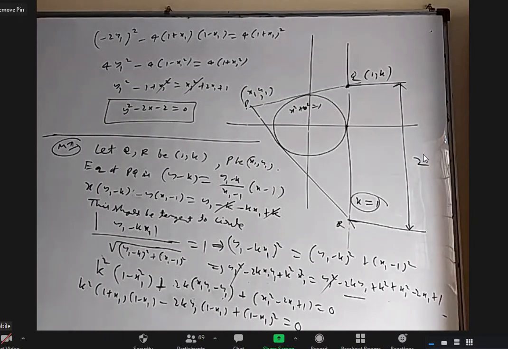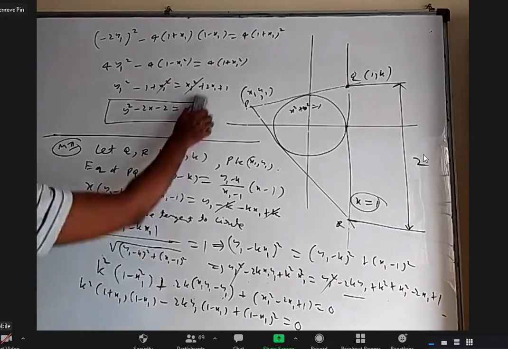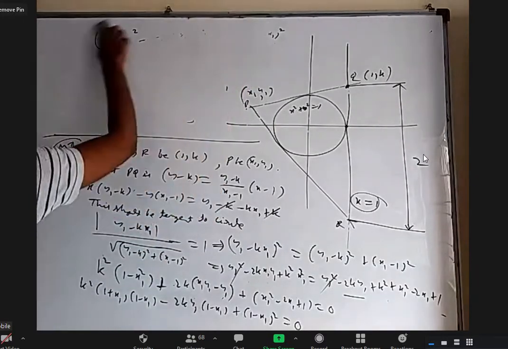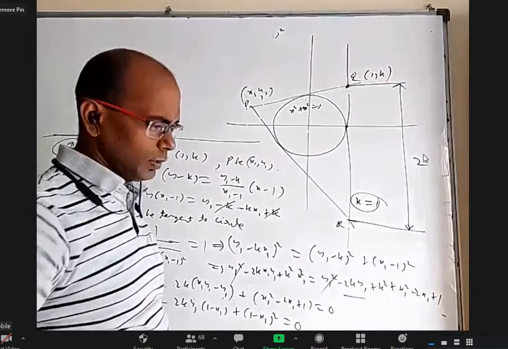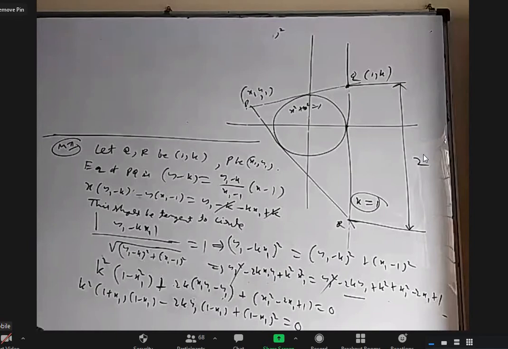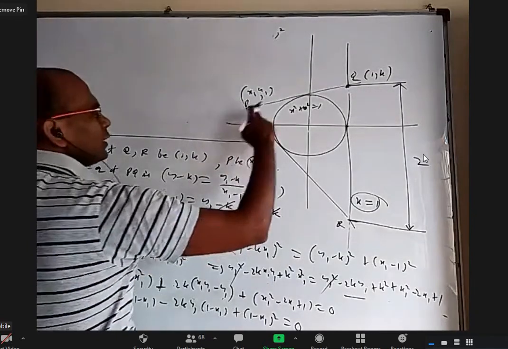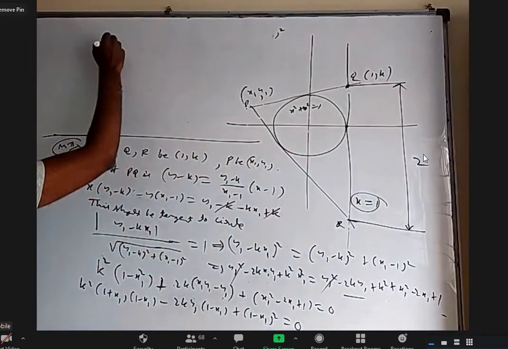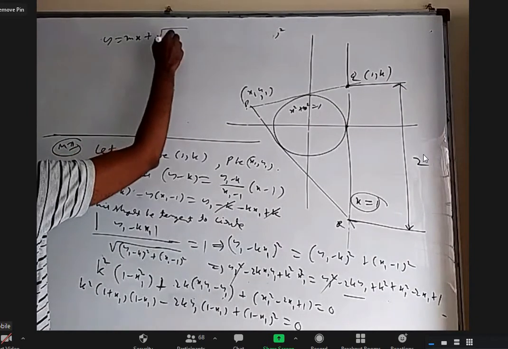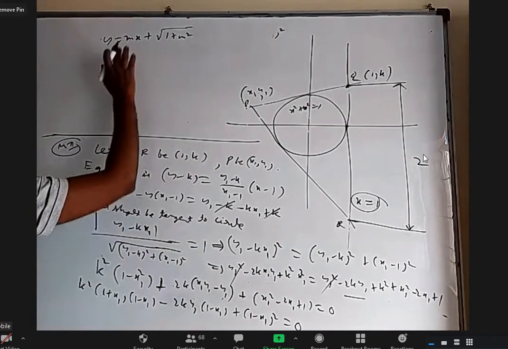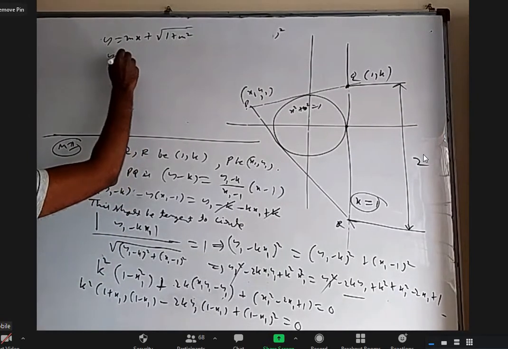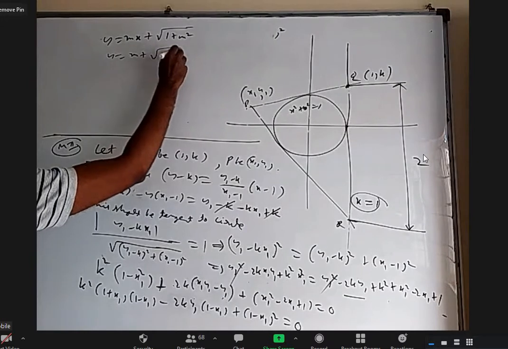Okay, I'm arranging the second method also. I don't know, if I try too many methods it will take time, but let me just see if I can do something. I want to take this tangent or this tangent in the form of y equal to mx plus root 1 plus m square. It should intersect x equal to 1. If I put x equal to 1, the y coordinate is m plus root 1 plus m square.